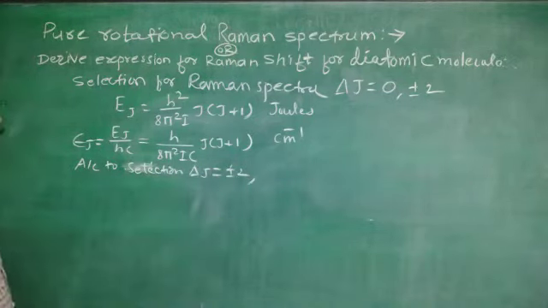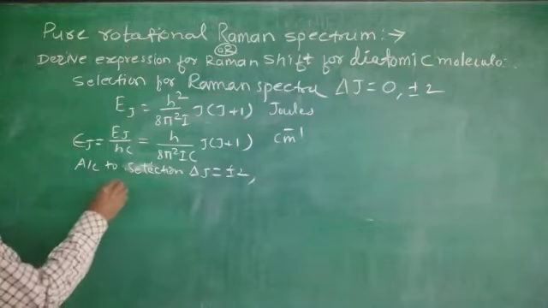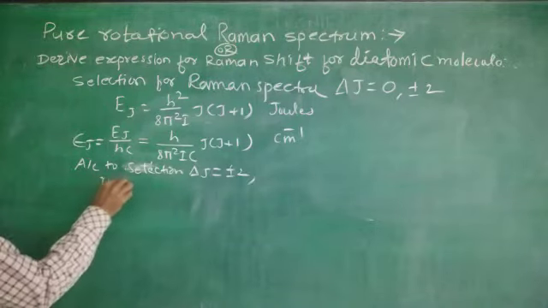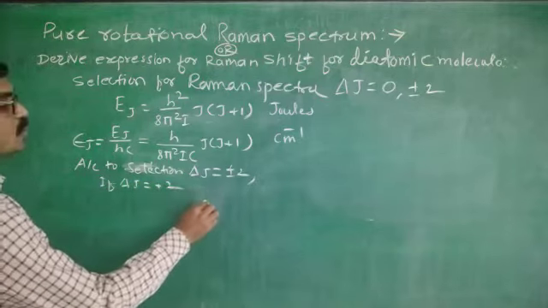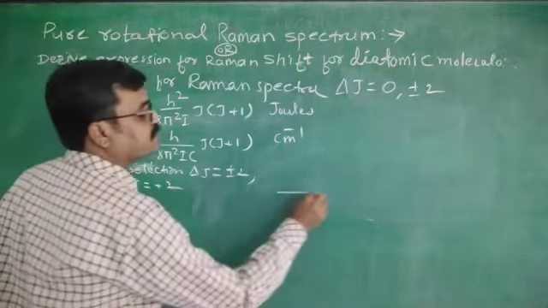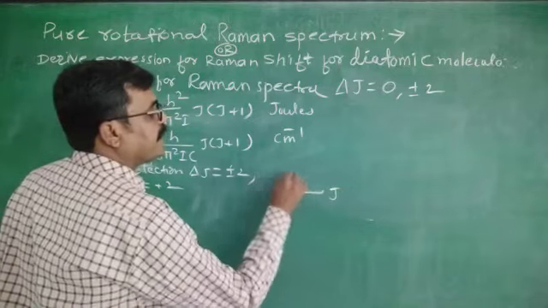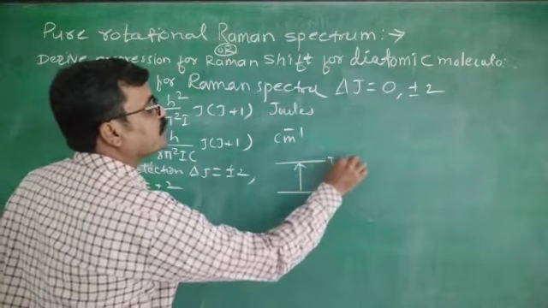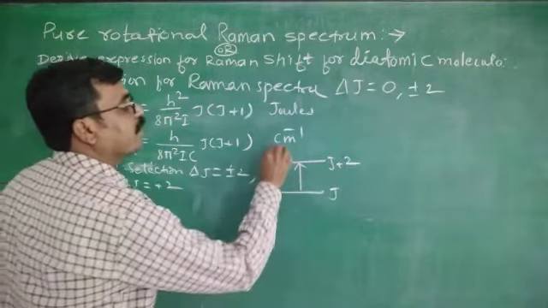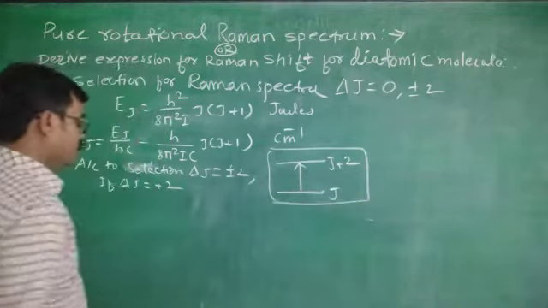So if we consider plus 2, delta J equals plus 2, and suppose the lower rotational energy level is J, then it will be transited up to J plus 2. Are you getting clear? J plus 2.